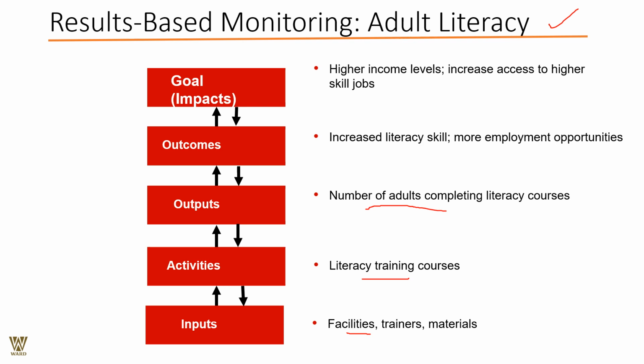The outcome is increased literacy skills, meaning more opportunities for the public for higher employment. The overall goal is higher income, an improved standard of living, and increased access to higher skilled jobs, as the case might be.